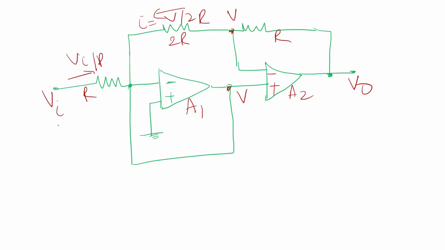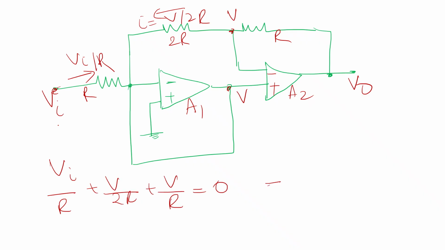Vi by R current flows through the resistor. Vi by R plus V by 2R plus V by R is equal to 0, which will give us V is equal to minus 2 by 3 times Vi.